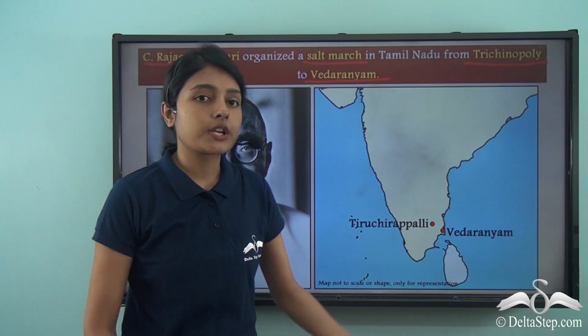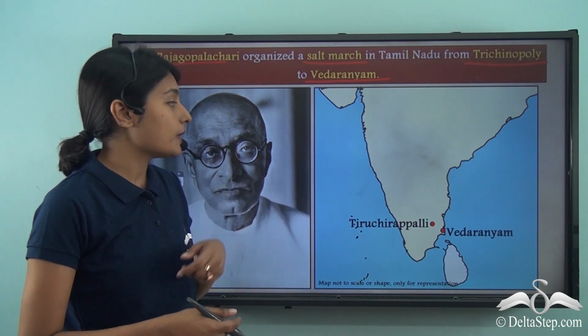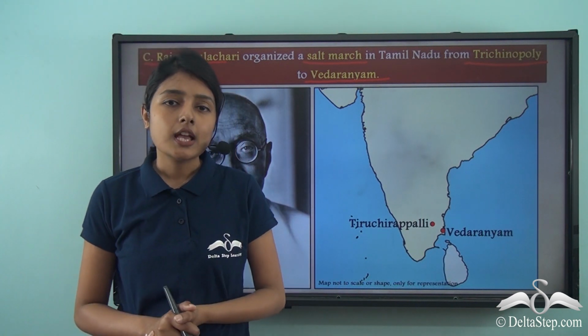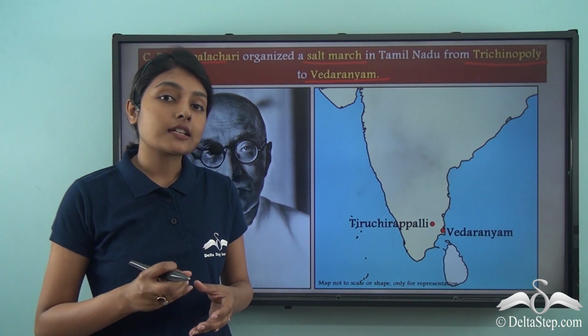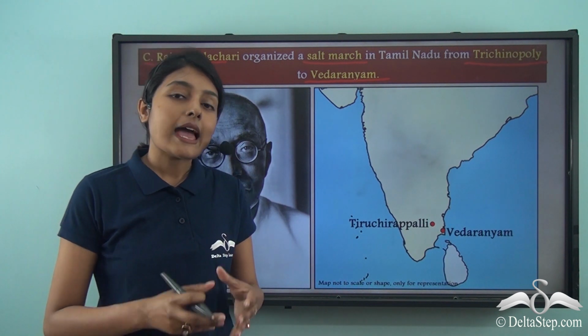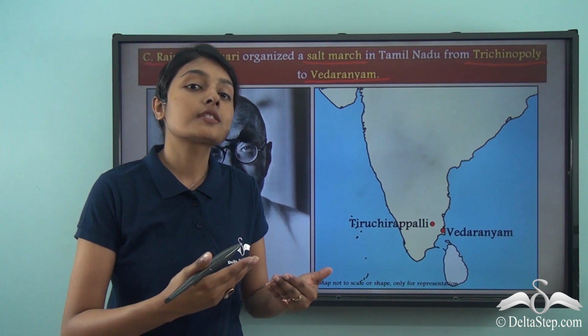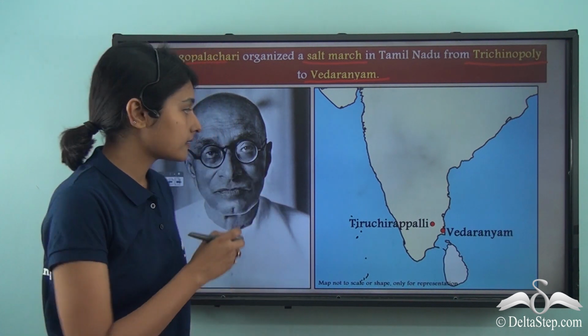So here you could look at the places where this salt march happened under the leadership of C. Rajagopalachari. So many such salt marches kept on happening as a form of protest against the British salt laws and as a form of showing solidarity with this civil disobedience movement.